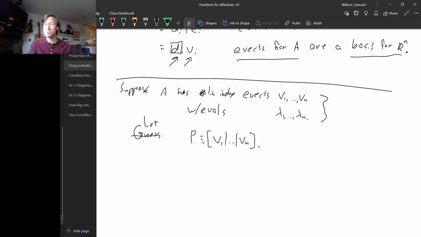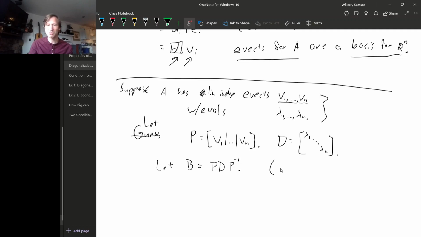We know P will be invertible because these vectors v1 through vn form a basis for Rn. Let D be a diagonal matrix with the eigenvalues down the diagonal. And then let's form a matrix B, which is P D P inverse.